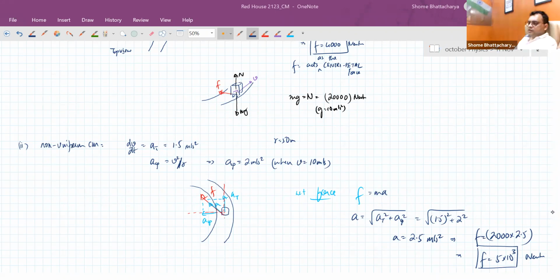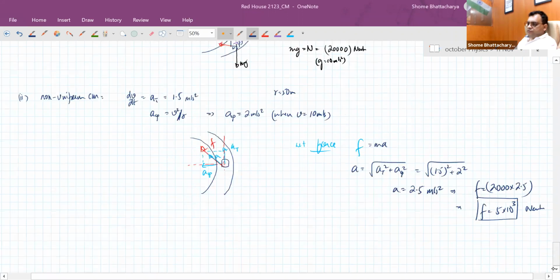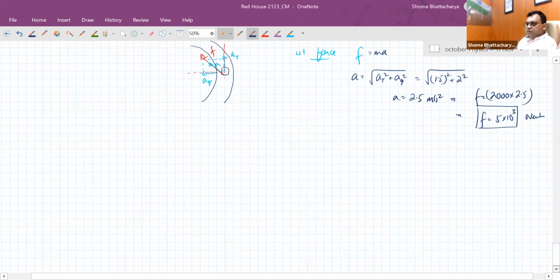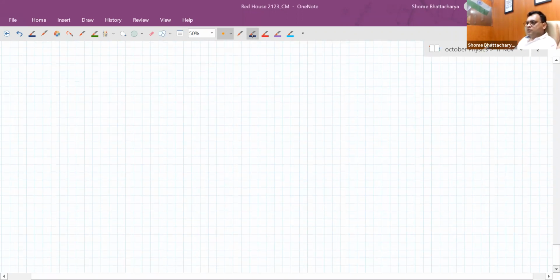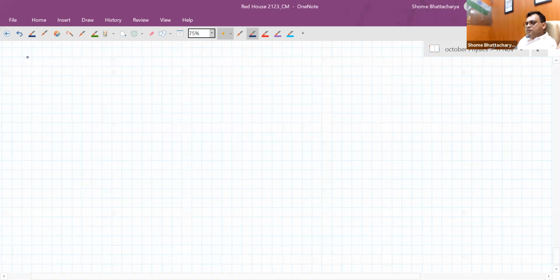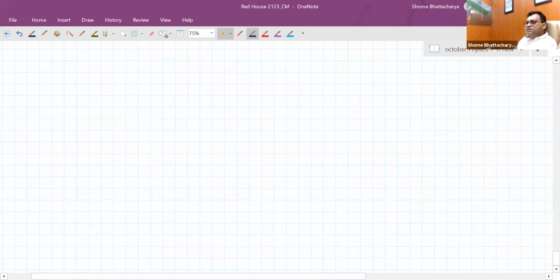Okay, now let's look at another interesting example of circular motion and dynamics. So this time, imagine this kind of situation.